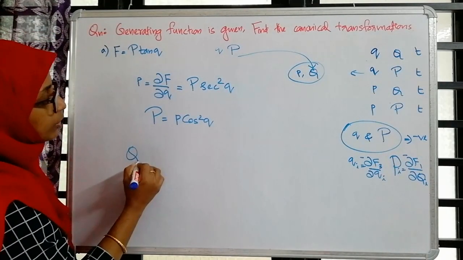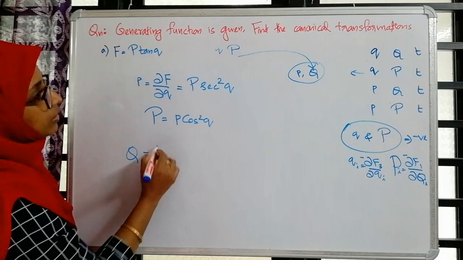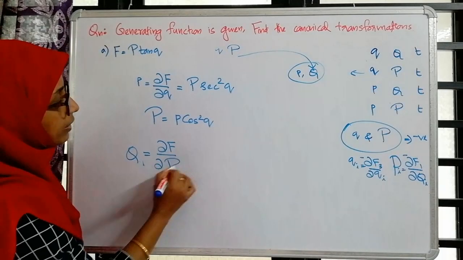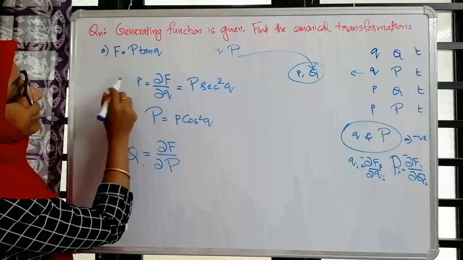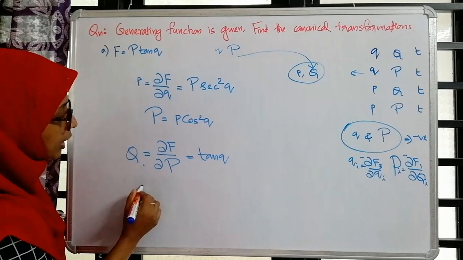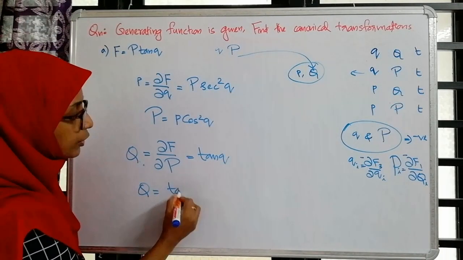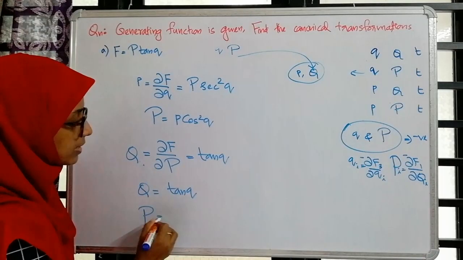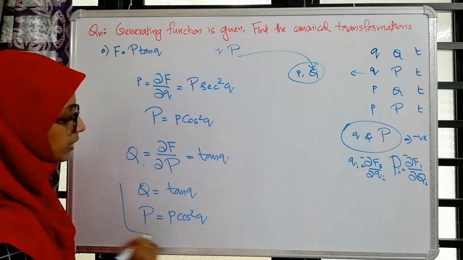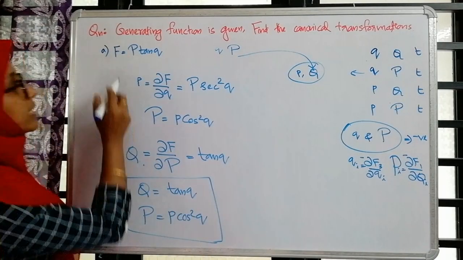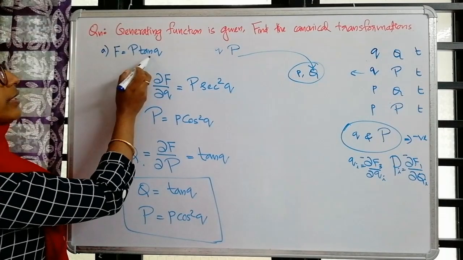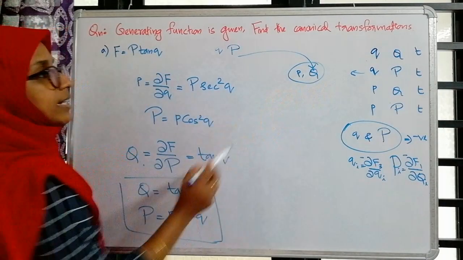That is, capital Q is equal to ∂F/∂P. From this equation, ∂F/∂P is equal to, simply we know, tan Q. So the transformation equations are tan Q and capital P is equal to P cos square Q. These are the transformation equations for the generating function F is equal to P tan Q. This is representing the second generating function.